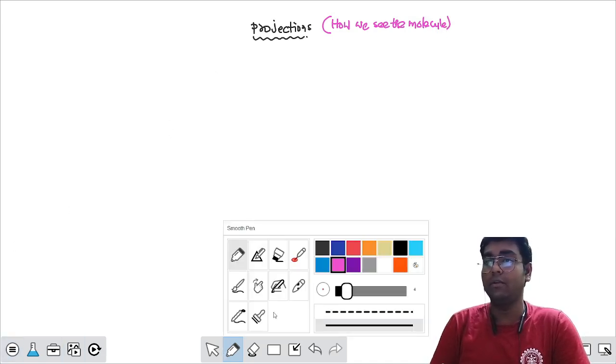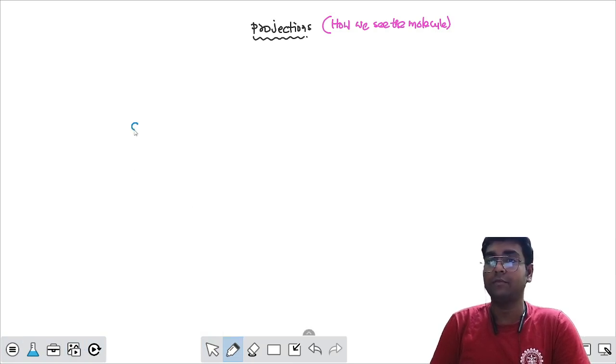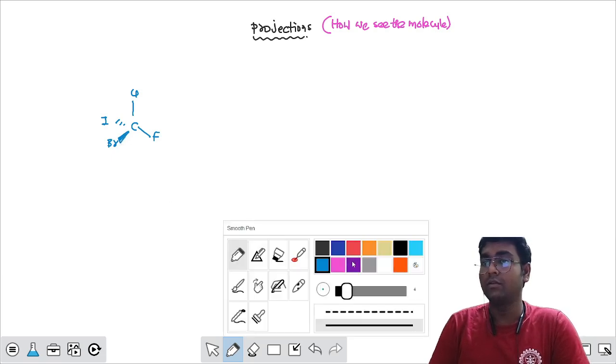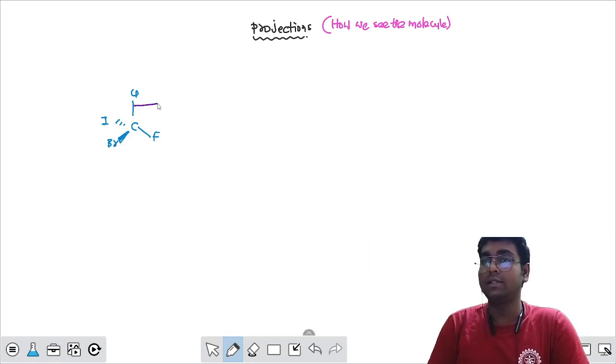So you all know about the tetrahedral geometry, right? Let's suppose it is a tetrahedral geometry, where this is Cl, this is F, Br, and I. So if you know about the tetrahedral geometry, these two bonds, this C-Cl bond and C-F bond, are lying on the plane.